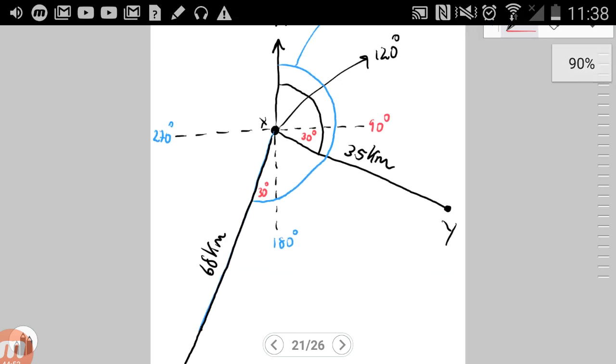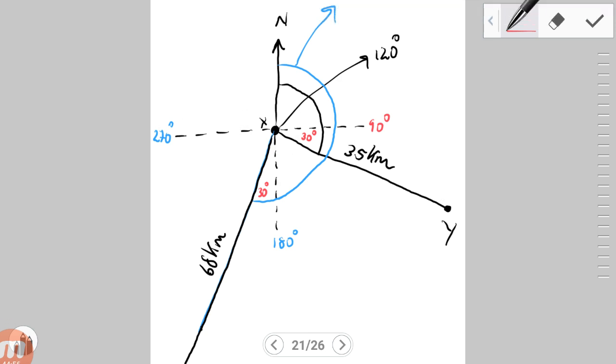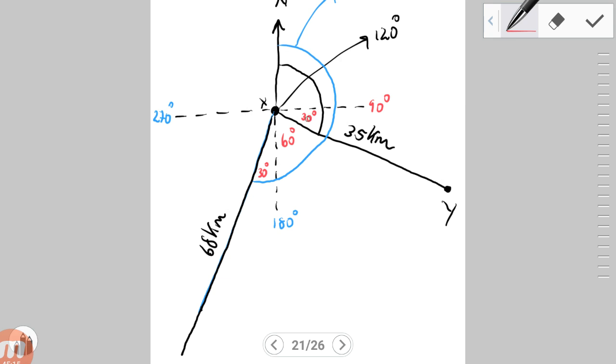We could also find this little piece of angle here, because the angle coming around here is 120, and if you continue around, that would be 180. So this little piece of angle here is 60 degrees, and you can see again it proves that this 30 and this 60 make 90 degrees here.